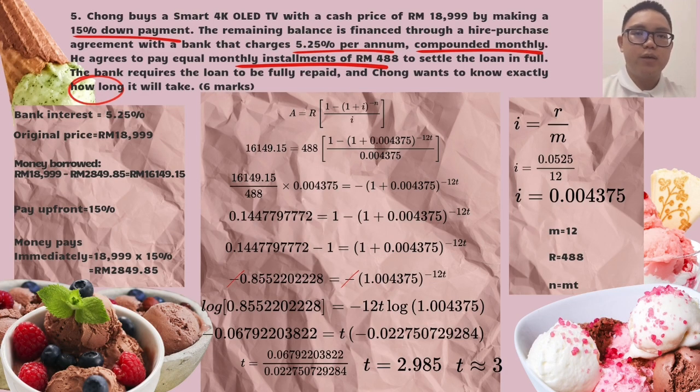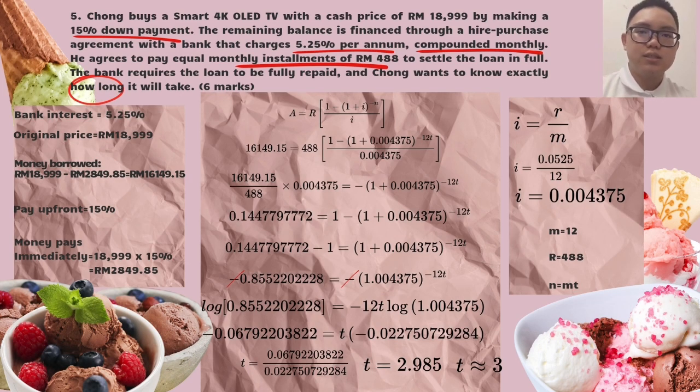So first, we apply the present value formula, which is A equals R times 1 minus 1 plus i to the power of negative n, over i. So we substitute the values into the formula and rearrange the constant to the left side and leave the variable on the right side.